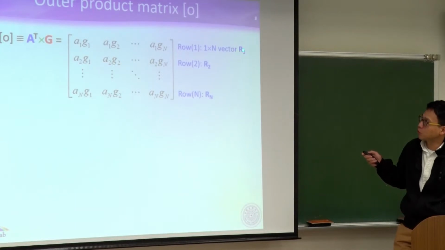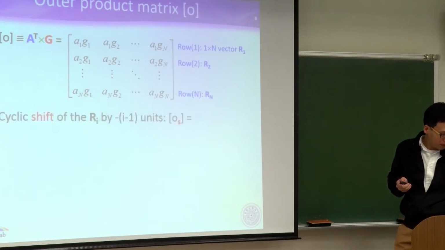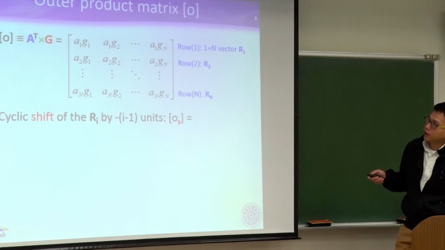R means row, 1 means the first row vector. It's a 1 by n vector. And this is R2, the second row. This is Rn, the nth row, the last row. And numerically, we can perform cyclic shift of Ri, the ith row vector, by minus (i minus 1) units.